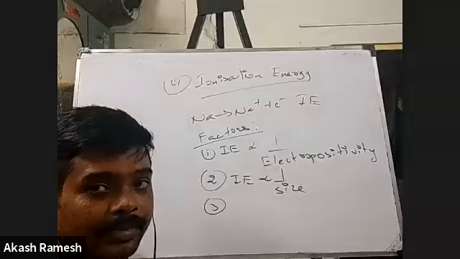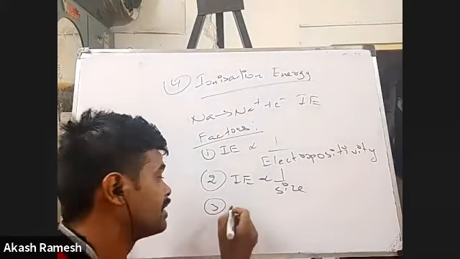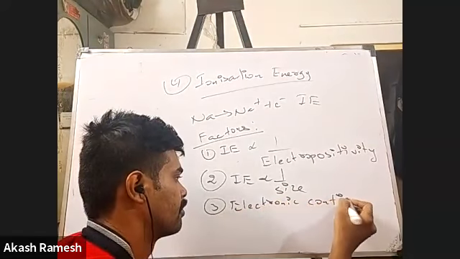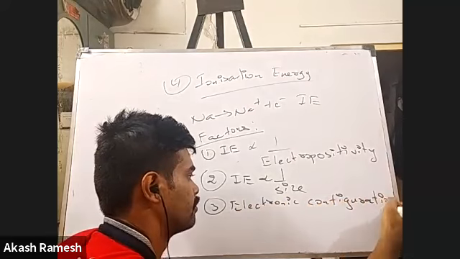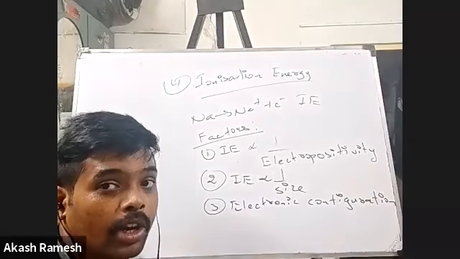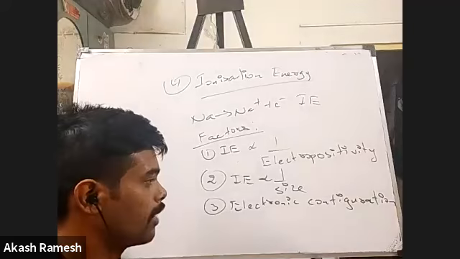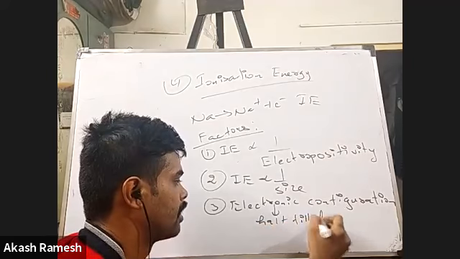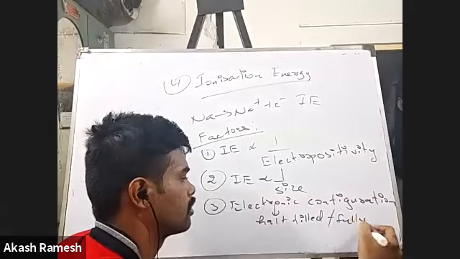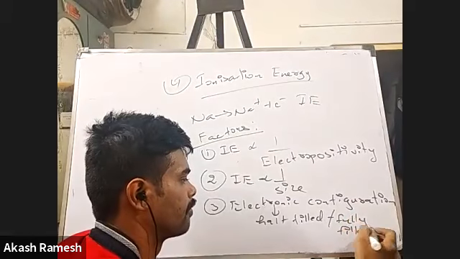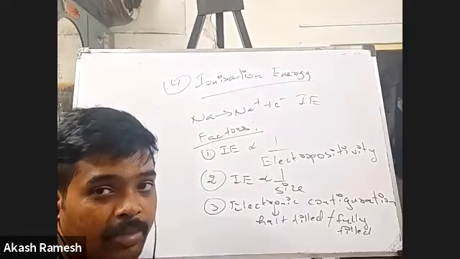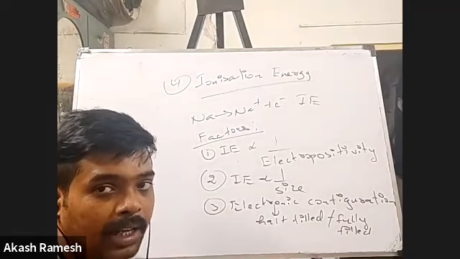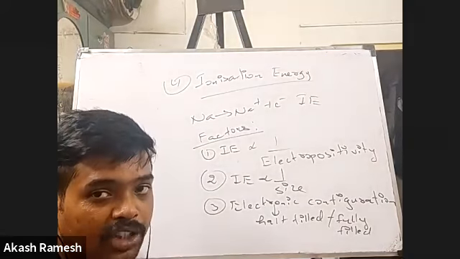The third thing which you have to look at is the electronic configuration. What do you mean by electronic configuration? You have to especially look for half-filled or fully filled orbitals. We already know half-filled and fully filled stability is there, right? So whenever I have p3 or d5, something like that, I say that it is going to be a half-filled configuration, right?